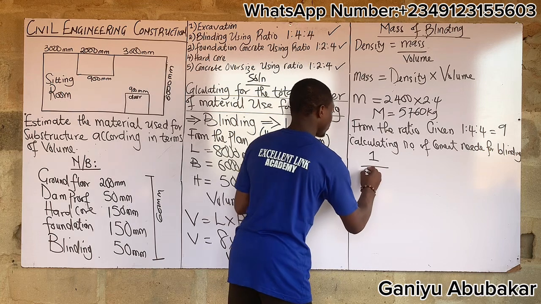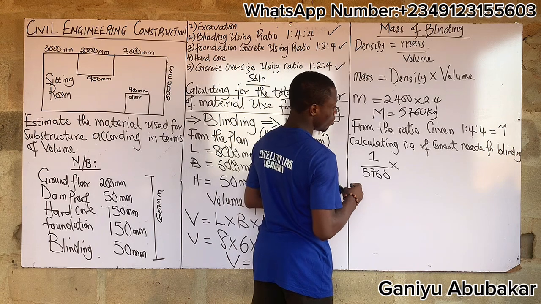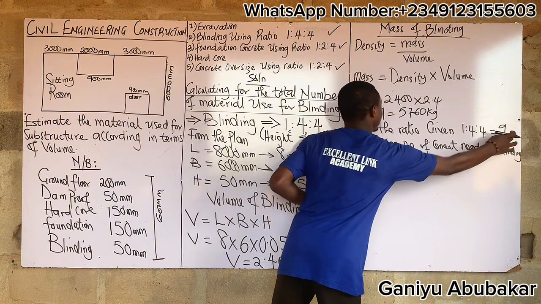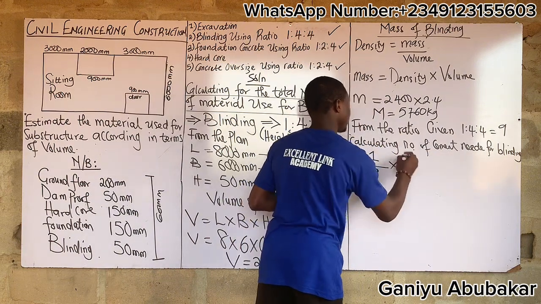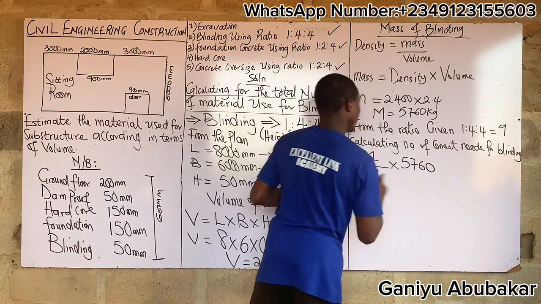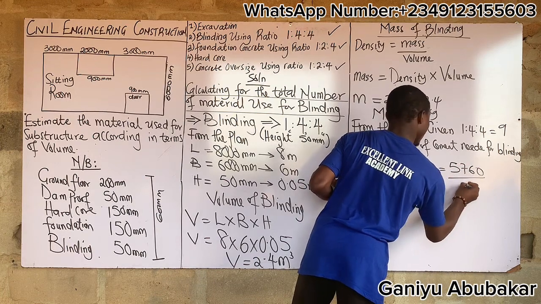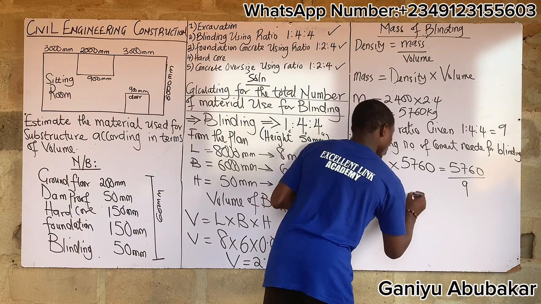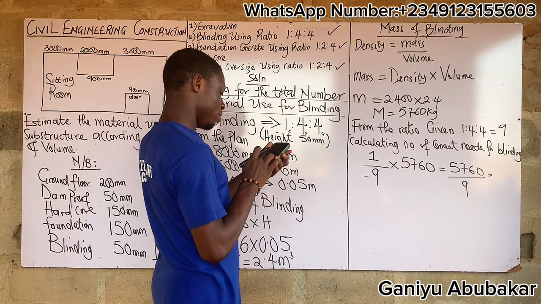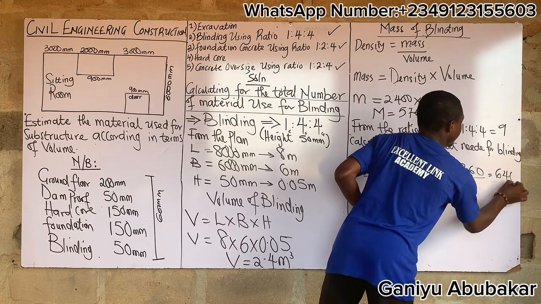All right, from here, for my cement I have 1 over the total of the ratio, 9, times the mass, 5760. Multiplying this through, I have 5760 over 9. So the amount of cement needed, if I divide 5760 by 9, is 640.